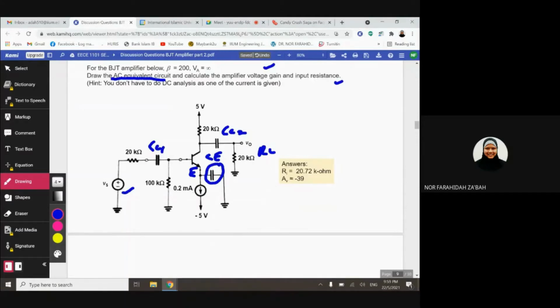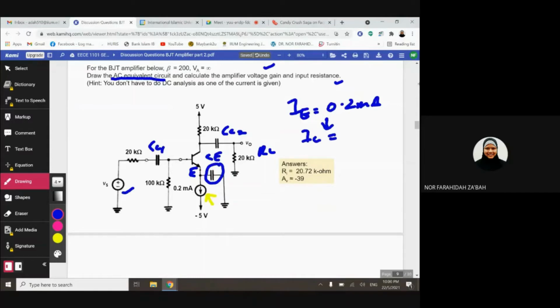So the good thing about this circuit is that this kind of biasing is biasing by current source. That's what we call it, biasing using current source. So what you can see here is, your emitter is biased with this current. You are providing IE with 0.2 milliampere, which means that you can calculate IC straight away.